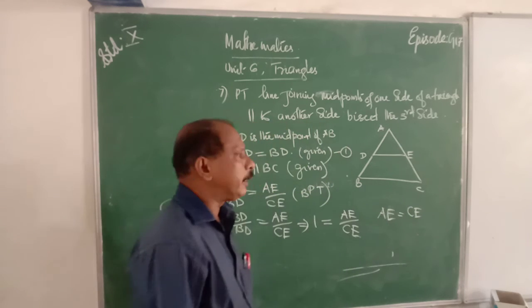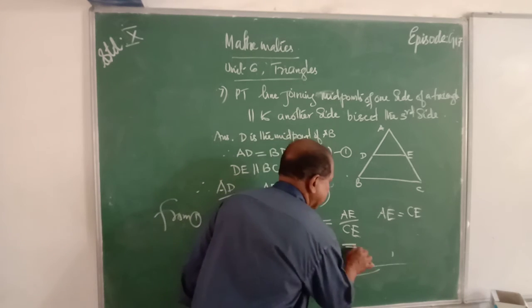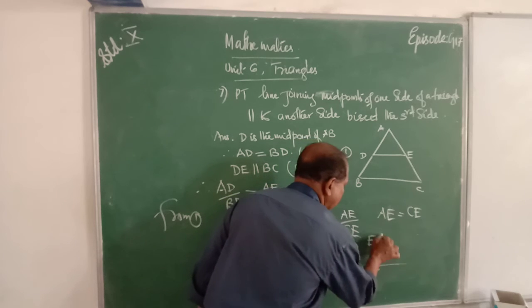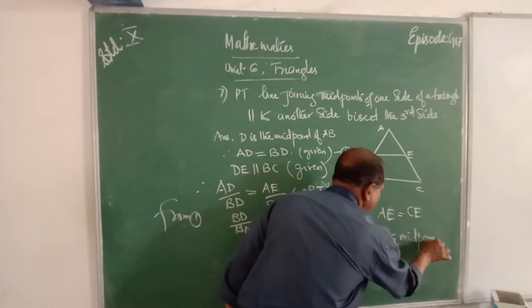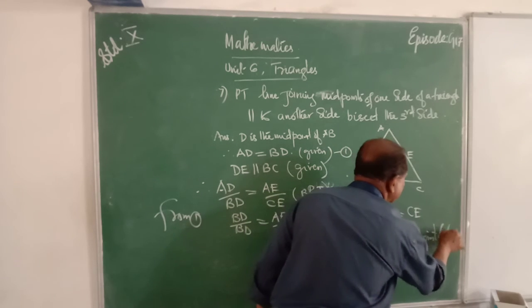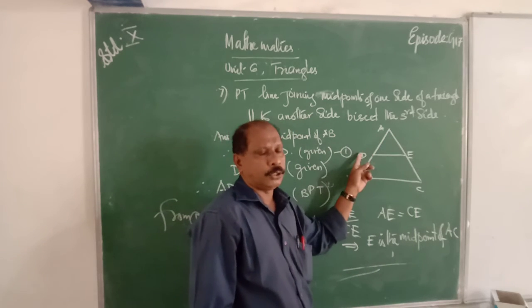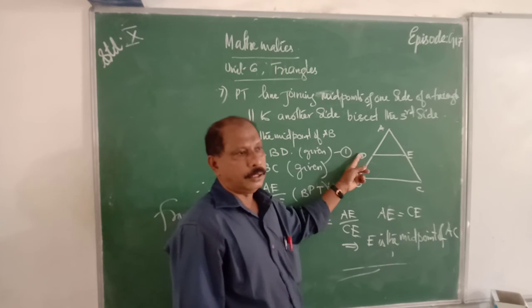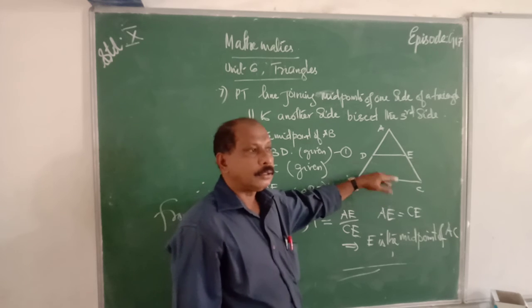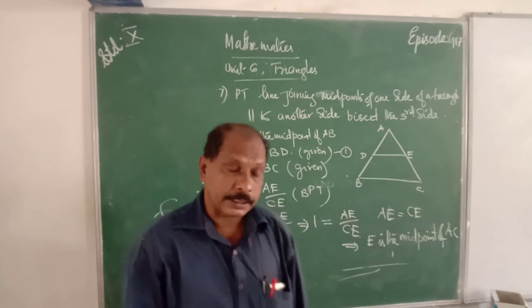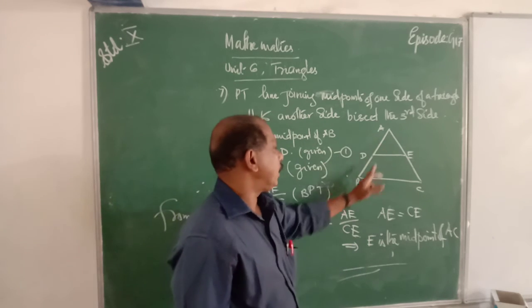AE is equal to CE means E is the midpoint of AC. That means the line through the midpoint of one side of a triangle, parallel to the second side, will bisect the third side. Bisect means it is the midpoint.